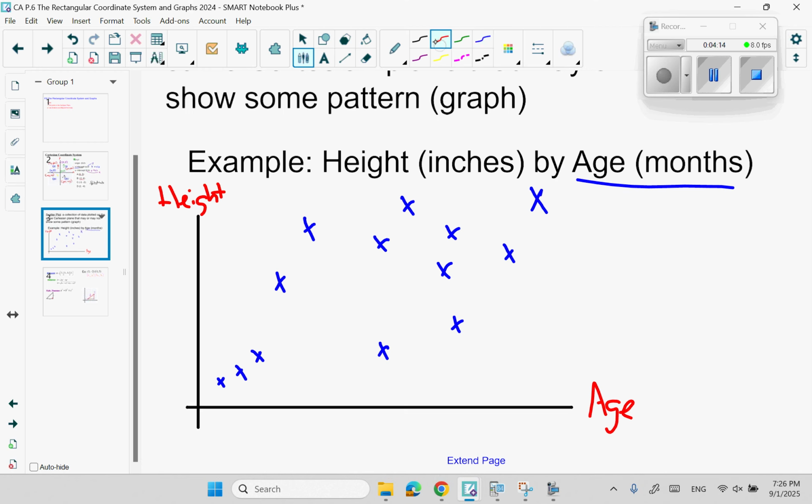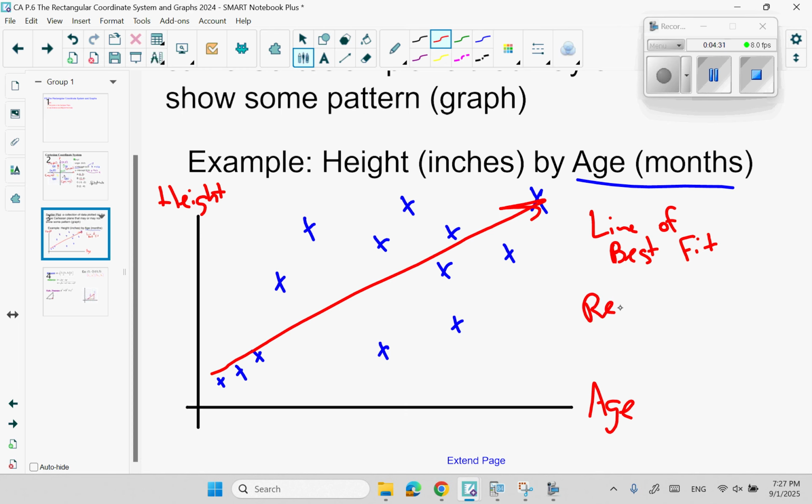Now, we cannot construct a line to represent all that data, but you could see some sort of correlation. And we're going to talk about that later. That is what's called a line of best fit or a regression line. We're not going to delve too deep into it in this chapter, but it could be coming along in the future.